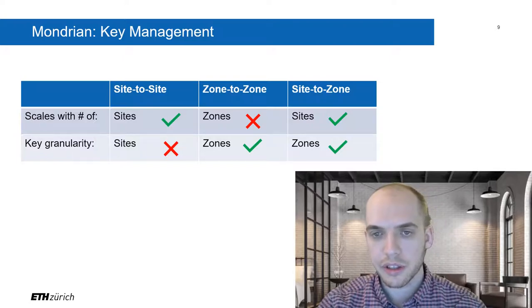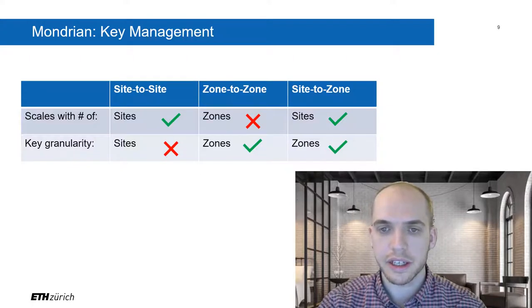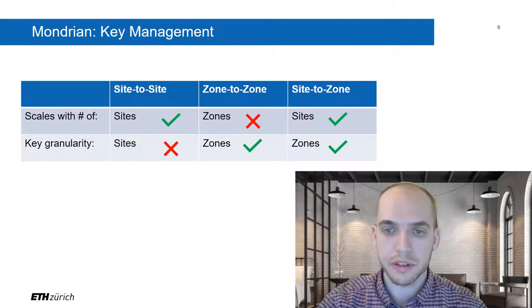Since this derivation can be performed efficiently, it is not required to store these site-to-zone keys. This approach ensures that different keys are used for different zones, while the required state scales with the number of branch sites rather than the number of zones.